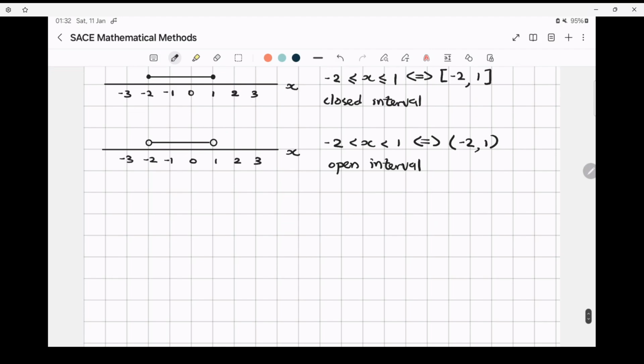Of course, you can have a mixed interval. So let's say this is open, and this is closed.